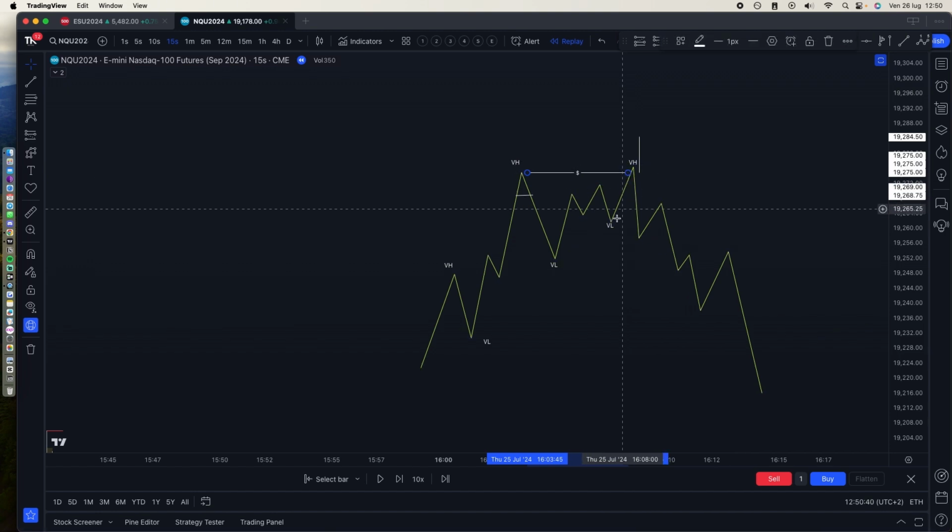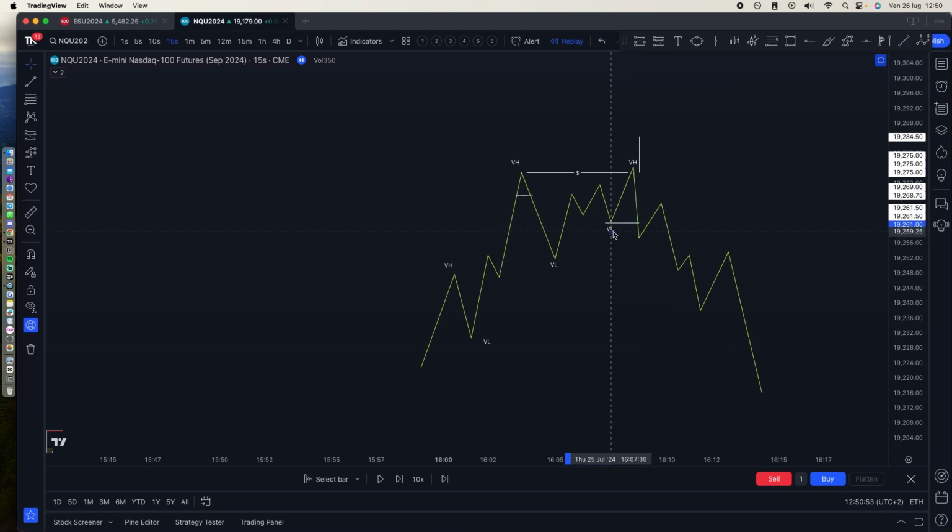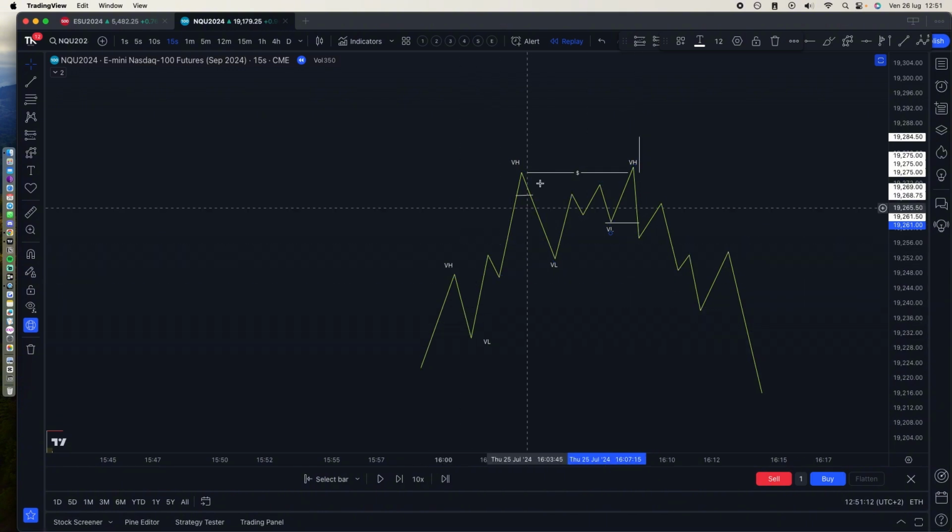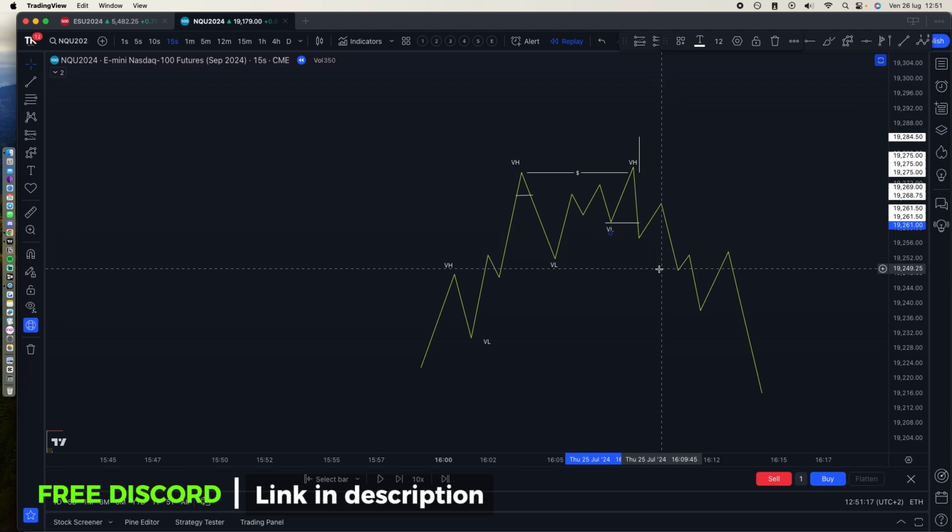And we strongly push the market down, creating a new structure in which we broke the recent valid low. This is, to me, the best way in which the market is telling me that we switch from a bullish program to a bearish program.